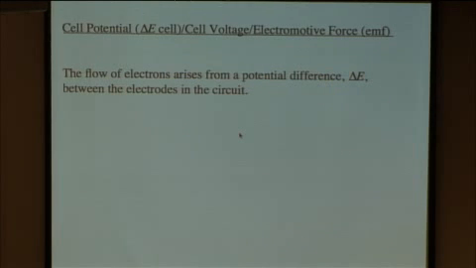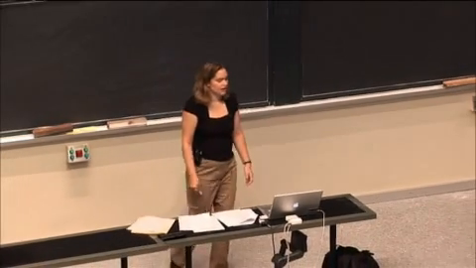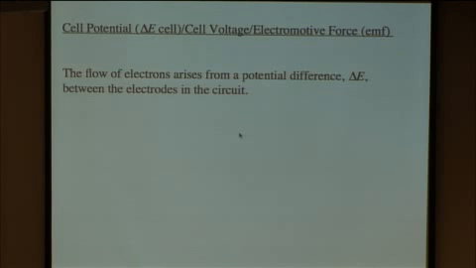All right, so just very briefly, I will mention cell potential, which has many different names: cell voltage, EMF it's often called. And so the flow of electrons generates a potential difference between the electrodes in the current.